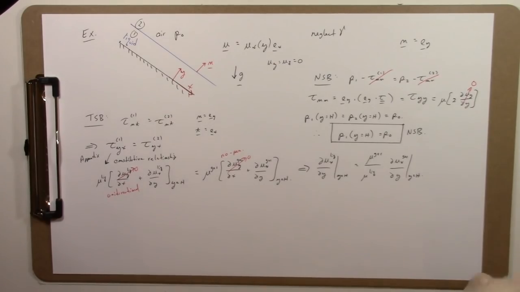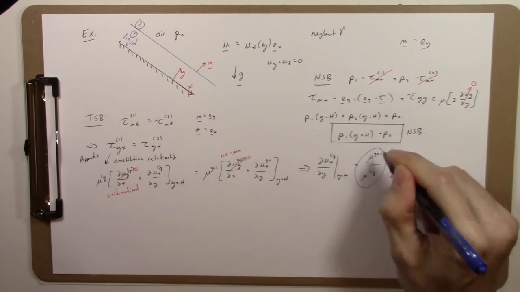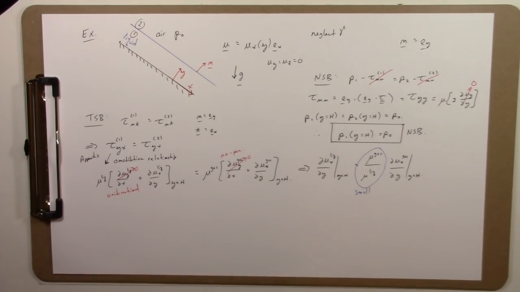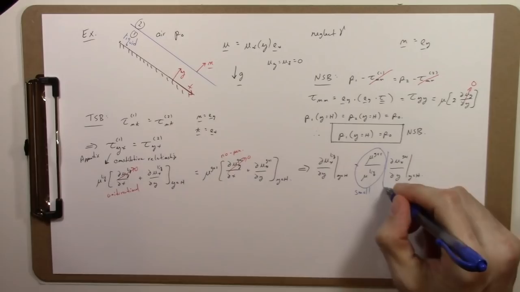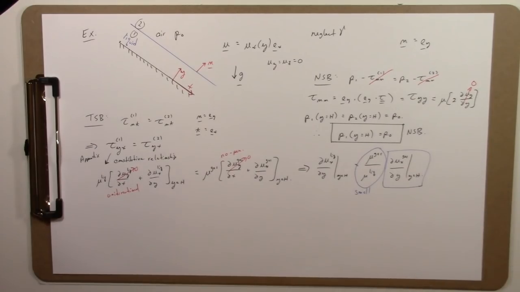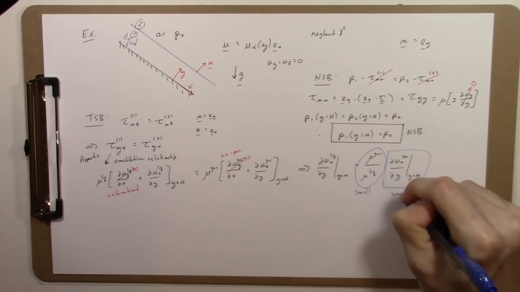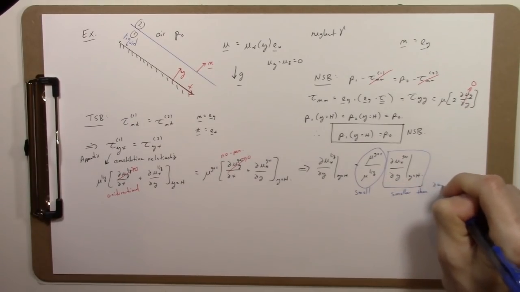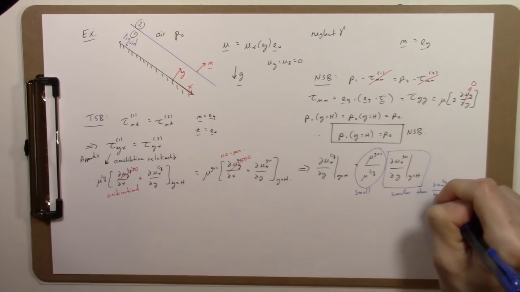What we'll find is the ratio of the viscosity of the gas to that of the liquid is small. Moreover, this derivative, this velocity gradient in the gas is smaller than dux liquid dy.